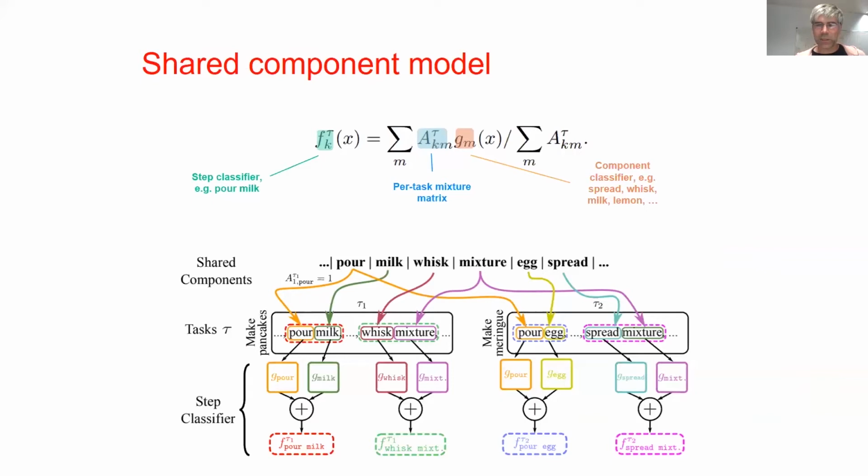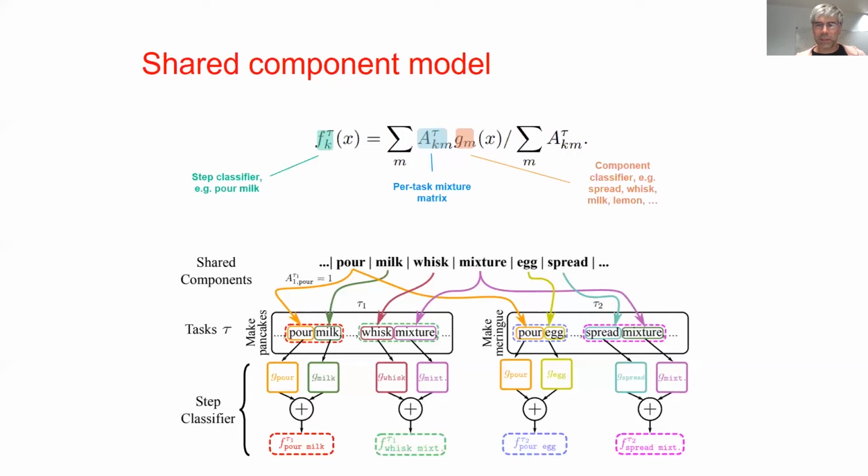It's a simple linear model. You can see it as an extension of the model which I've shown before. It's still a discriminative clustering model. However, it mixes the components and shares functions across different tasks. This is the main idea of this paper.